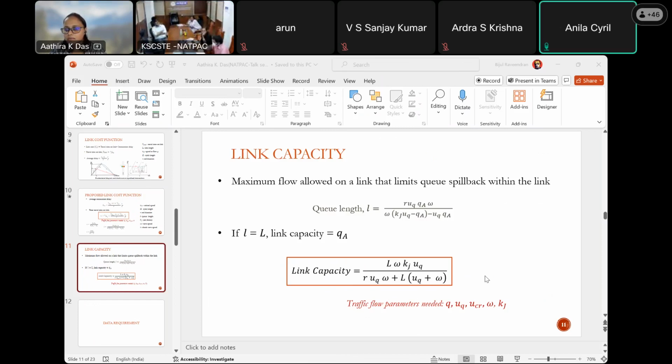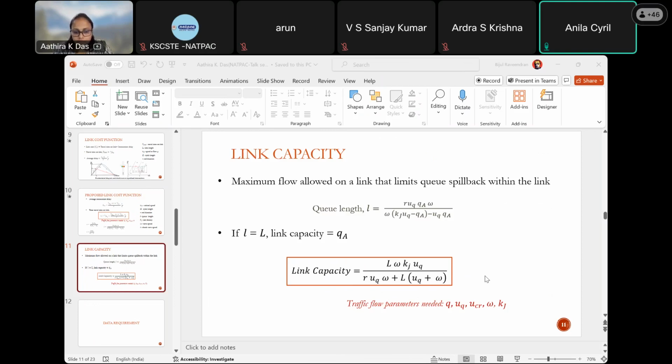Esteemed colleagues, distinguished guests, and dear friends, it is my honor and privilege to extend our heartfelt gratitude on behalf of the NATPAC family and the entire organizing committee of the TransPedia Research Talk series. We have been immensely fortunate today to have Dr. Aathira K share her invaluable expertise on the development of link cost functions and link capacity models for mixed traffic networks, a subject of significant importance in traffic assignment modeling.